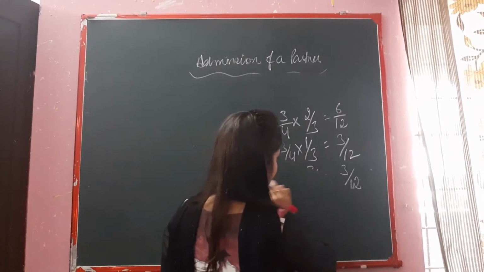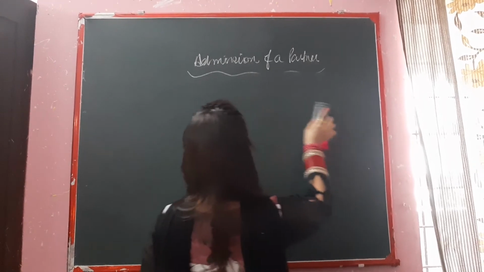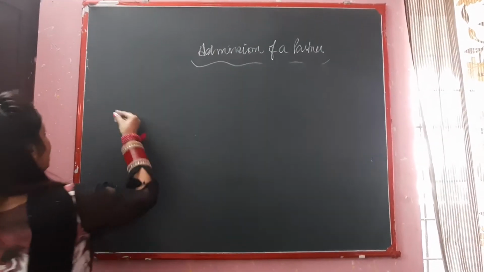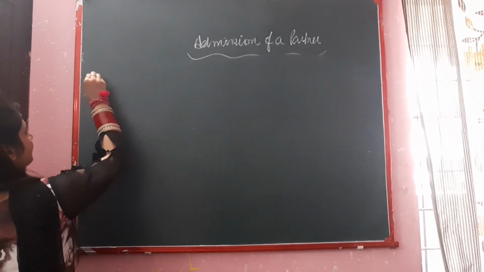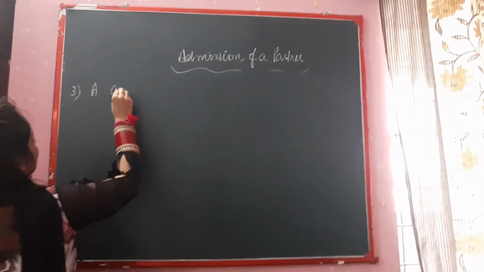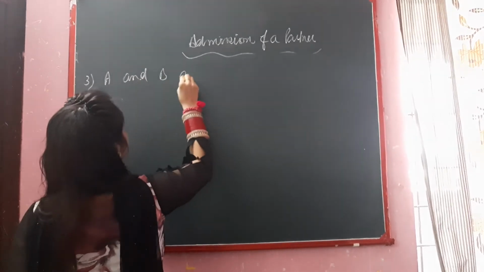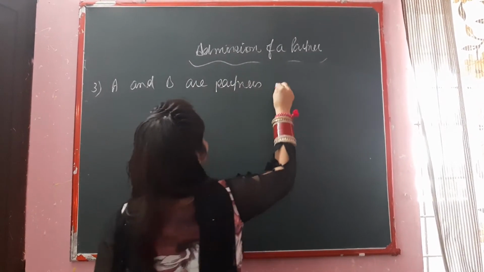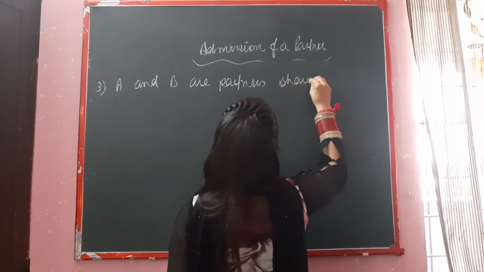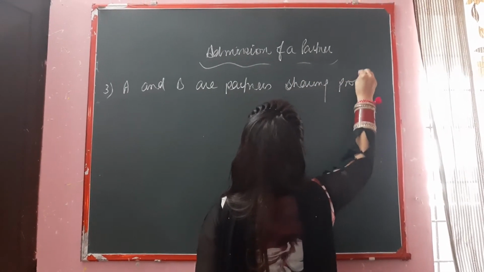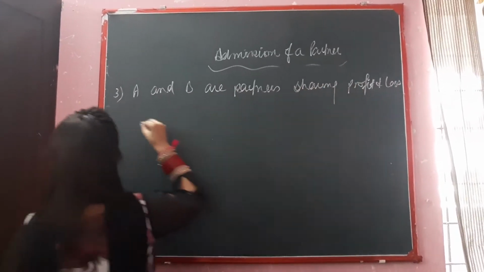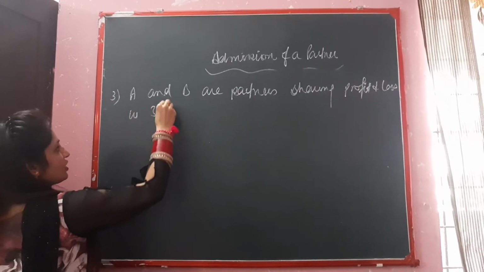Now the next case, when new partner acquires his share from the old partners in equal ratio, right? So we are taking an example. A and B are partners sharing profit and loss in 3:2.